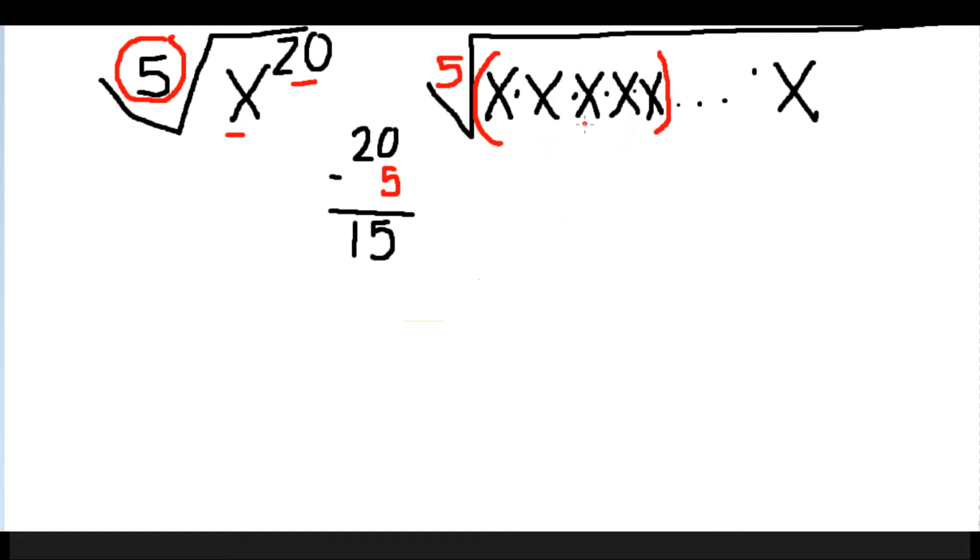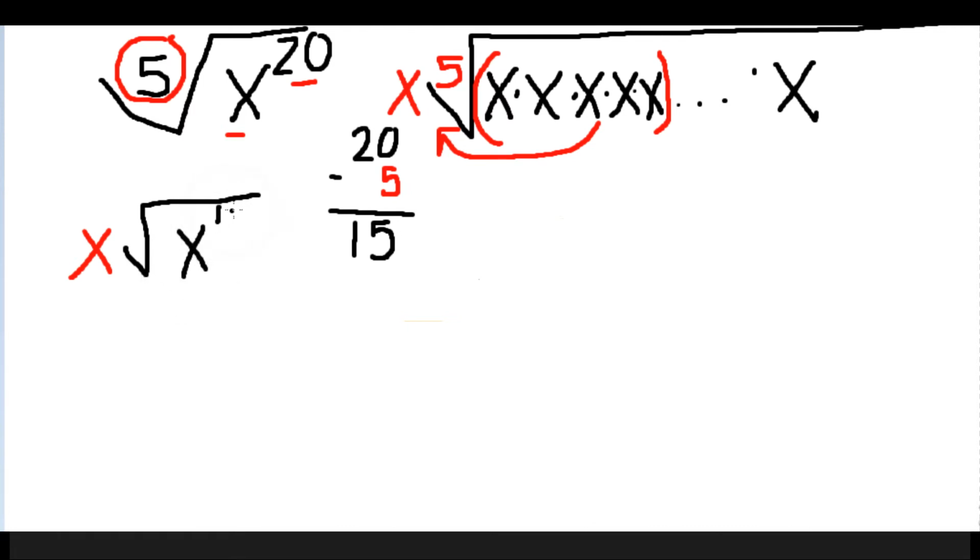So when we pull out our group of 5 x's, that translates to 1 x on the outside. Let me write that down here. That leaves us with 1 x on the outside of our radical, and then 15 copies still left on the inside, and of course we can't forget our index.